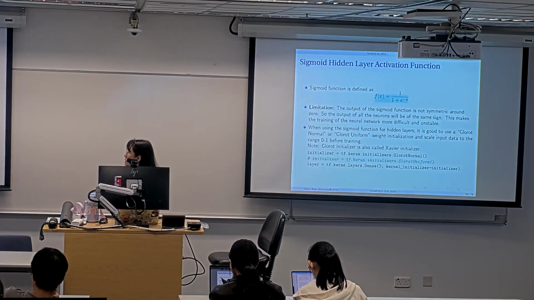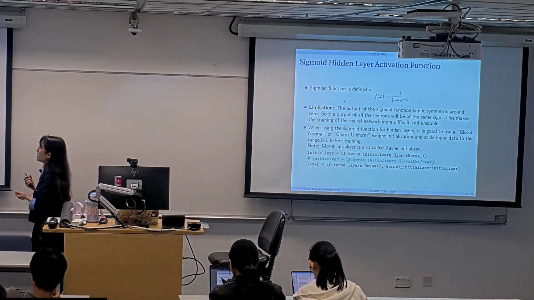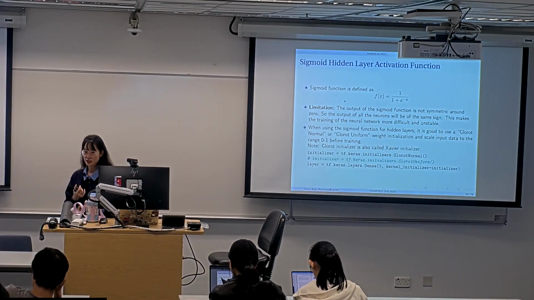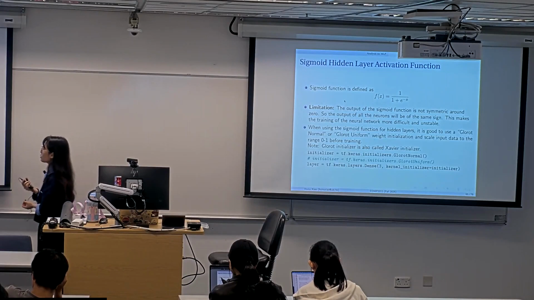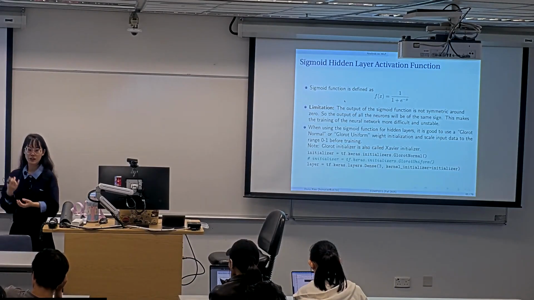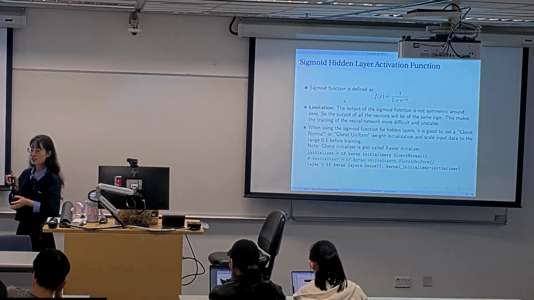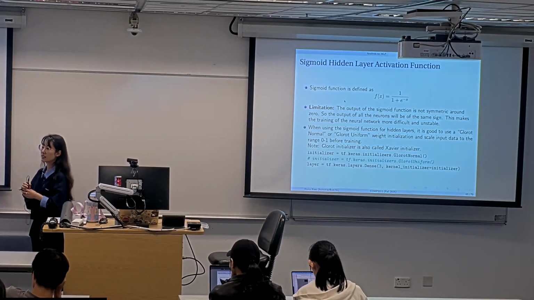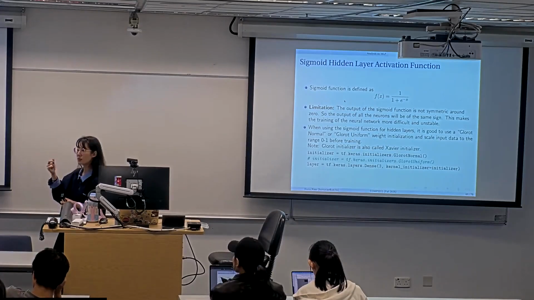Here is one limitation of sigmoid. The output of the sigmoid function is not symmetric around 0. Actually, it's symmetric around 0.5, right? When x equals 0, f(x) is 0.5.